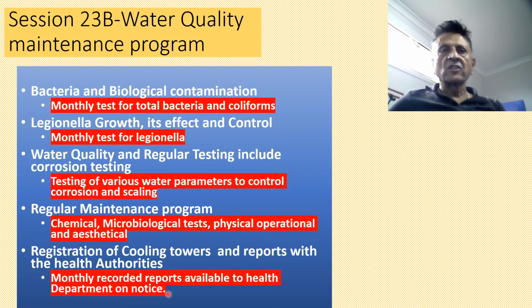And these monthly recorded reports must be available to a health department on notice. This registration has become mandatory in New South Wales and possibly Queensland. That is because New South Wales particularly has very high levels of Legionnaires disease.